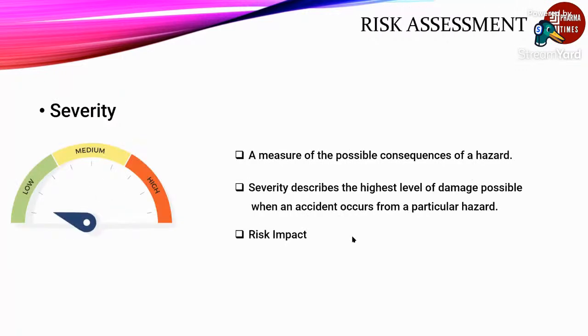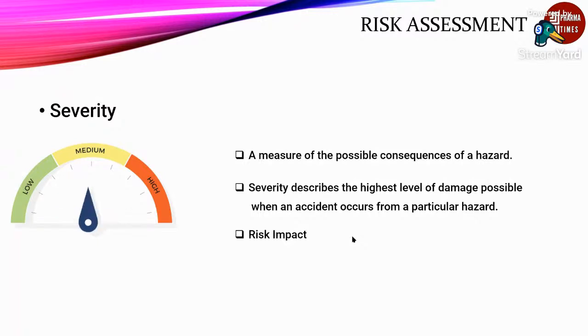Next one is severity. Severity means the criticality of that, whether it is low, medium or high. Based on your experience and knowledge, you define that if this probability happens, it has a severe impact on the system, or on product or patient safety.